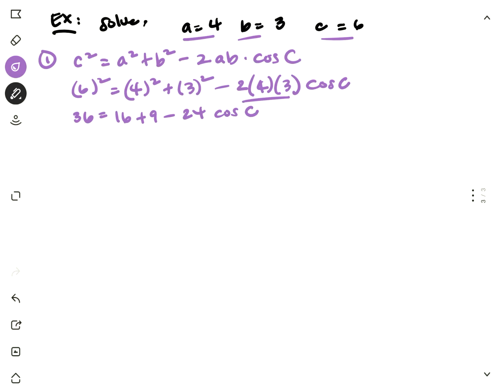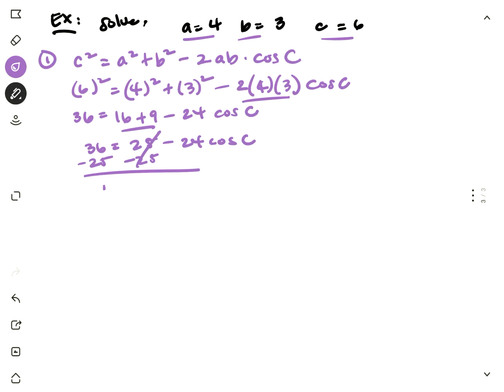So let's simplify this first. 16 plus 9 is 25. Now, be very careful and don't subtract 25 and 24 because it's got the cosine c attached to it. At this point, we're going to have to subtract our 25 from both sides.